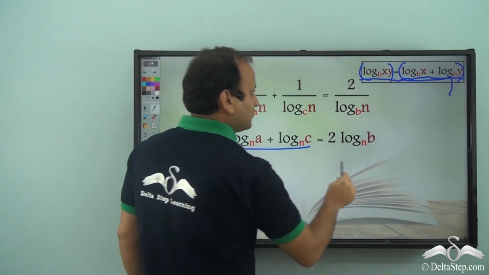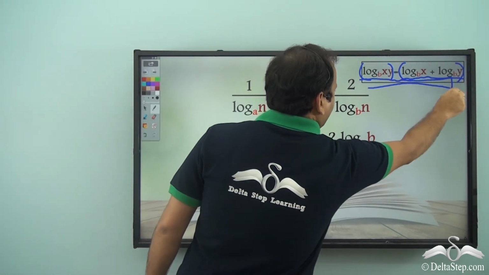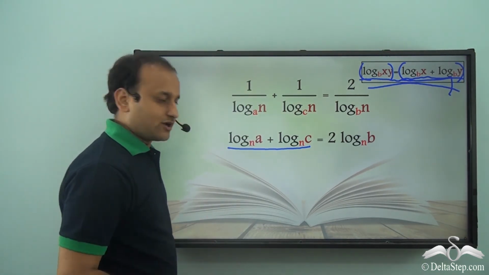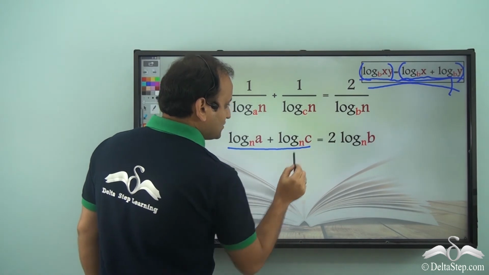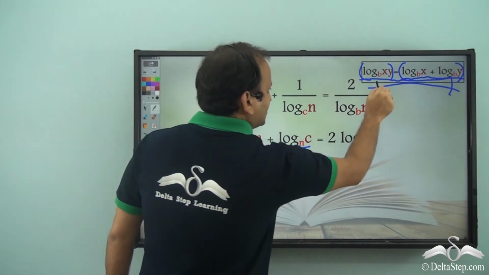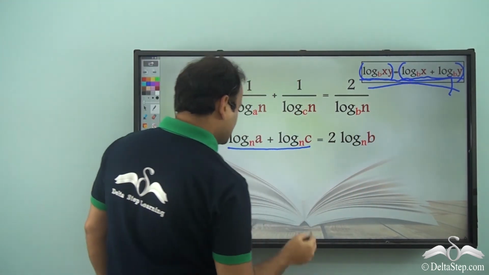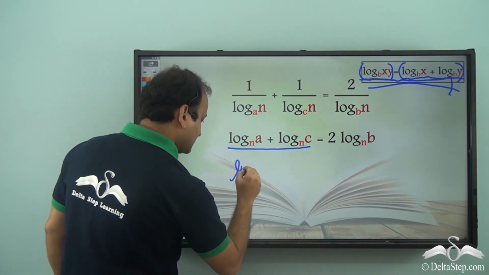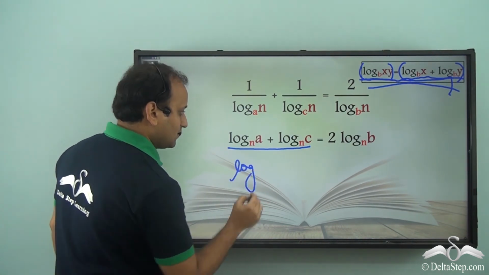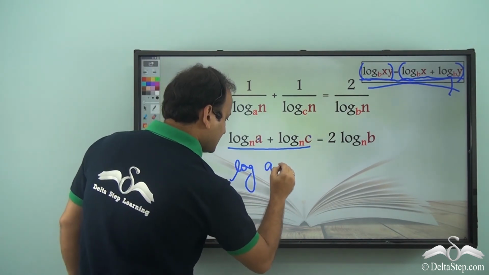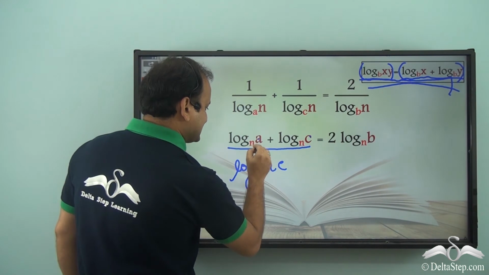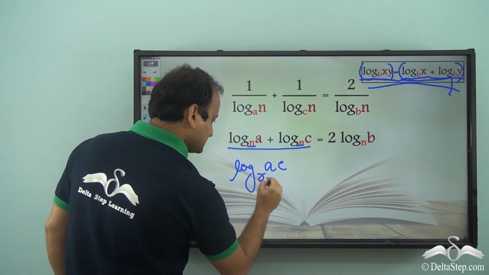So let's try to convert using this particular law of logarithm, that is the product law. So we have log a to the base n plus log c to the base n. If we write it in the form of log xy to the base b, this will become log ac to the base n, which is the common base.